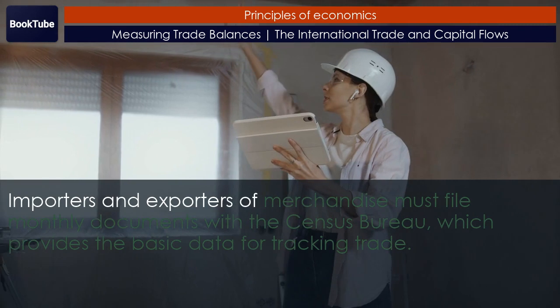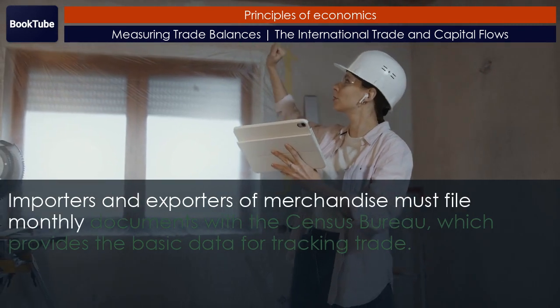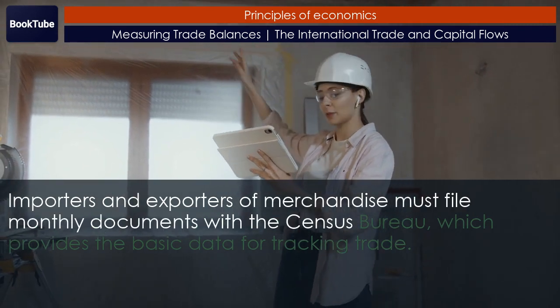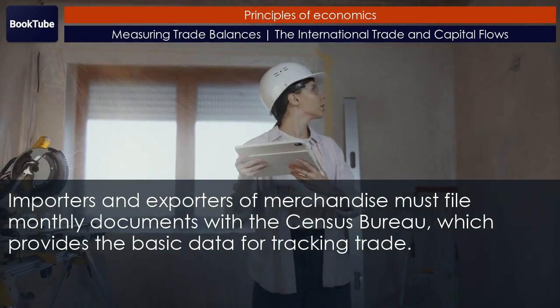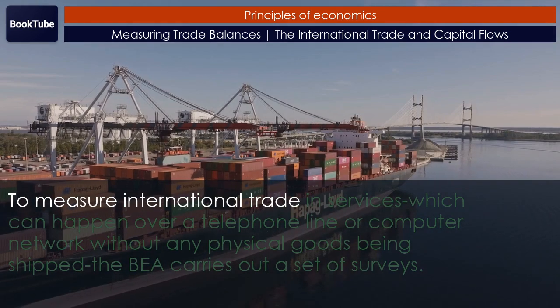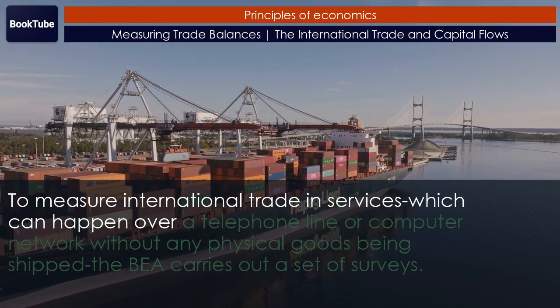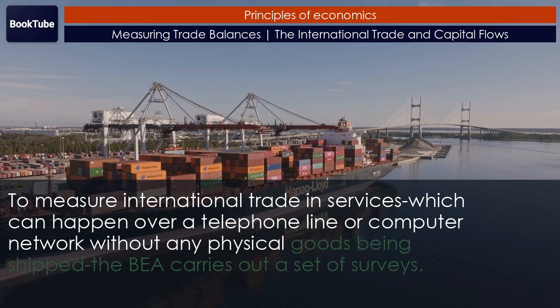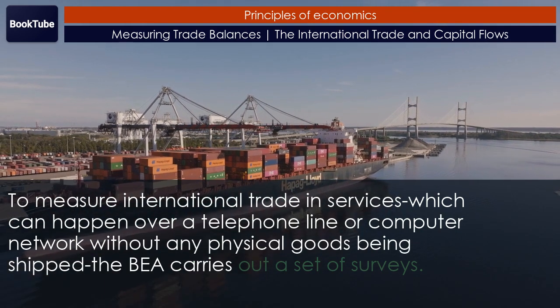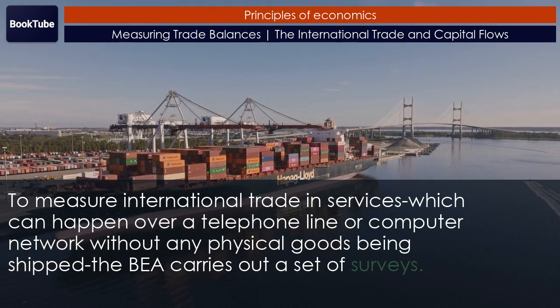Importers and exporters of merchandise must file monthly documents with the Census Bureau, which provides the basic data for tracking trade. To measure international trade in services, which can happen over a telephone line or computer network without any physical goods being shipped, the BEA carries out a set of surveys.